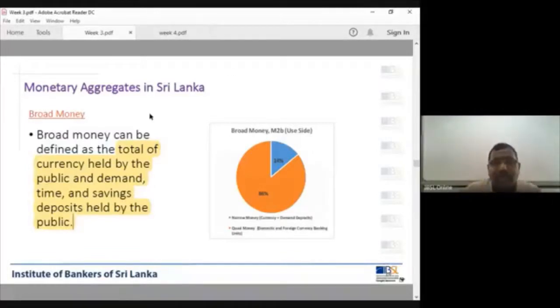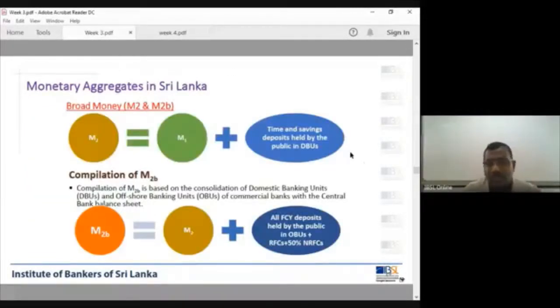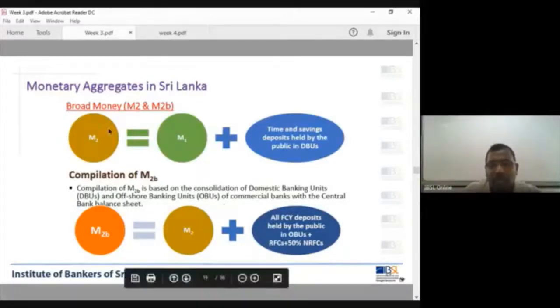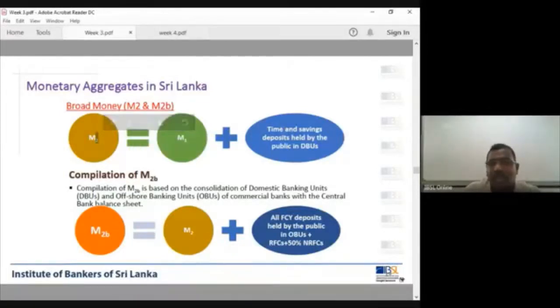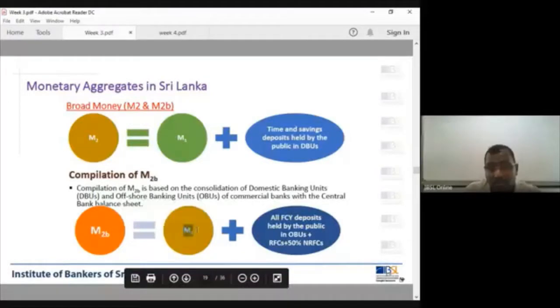Now here we have given a summary of M2 and M2B. I hope it's clear what I have discussed here. It's summarized. M2 is M1 plus time and savings deposits of domestic banking units. M2B means M2 plus all foreign currency deposits held by the OBUs, which means offshore banking units.